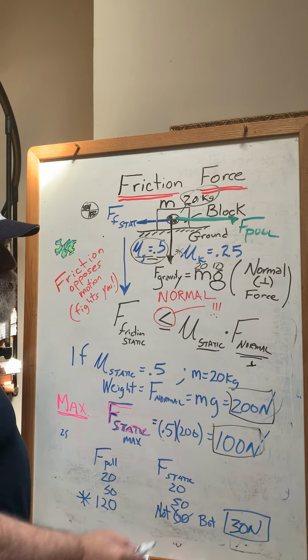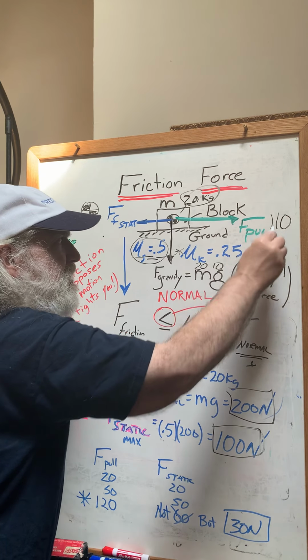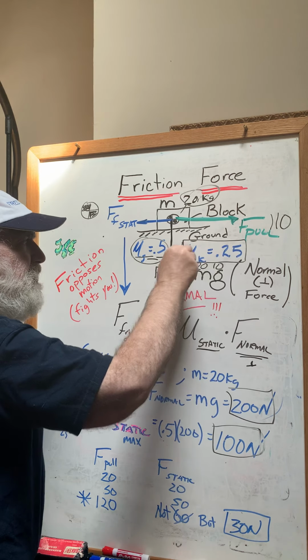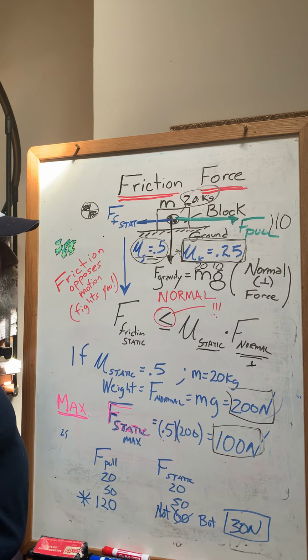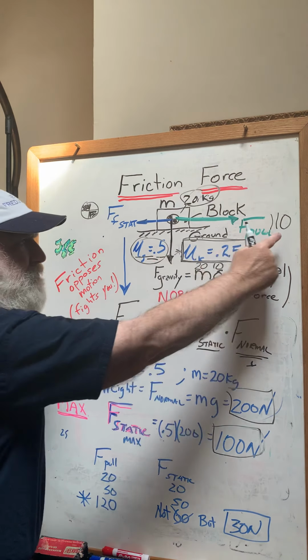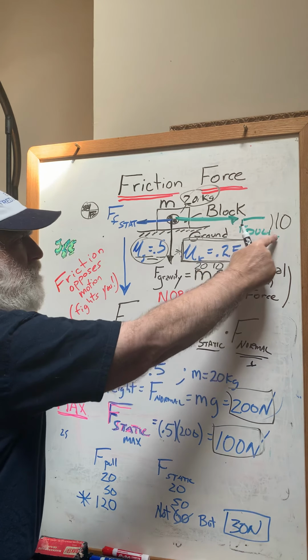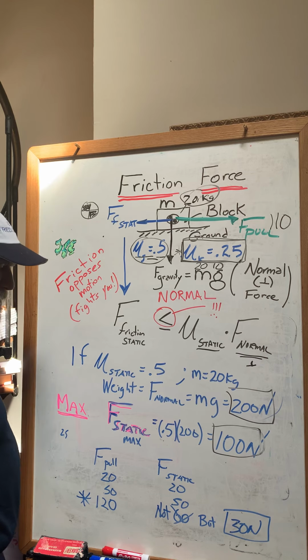If I pull with 110, I have to use the kinetic friction coefficient, so the frictional force is no longer half of 110, or 55 newtons, it's a quarter of 110, or 27.5 newtons.